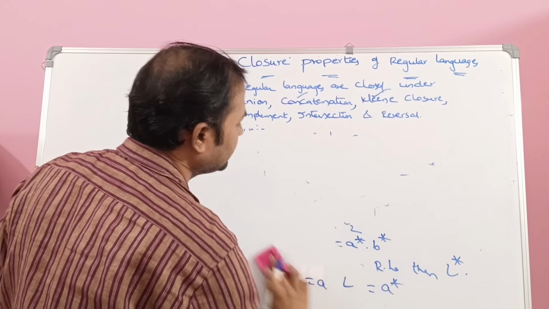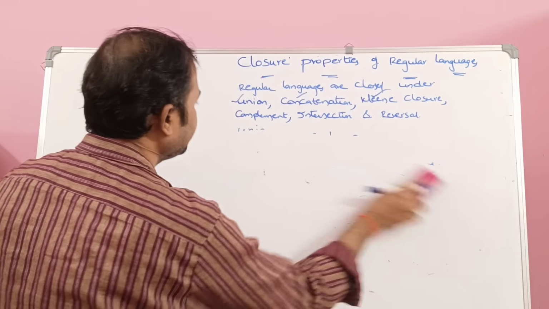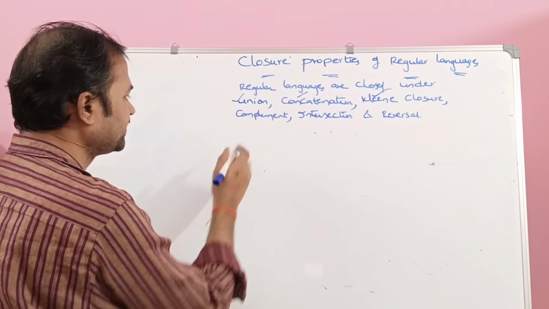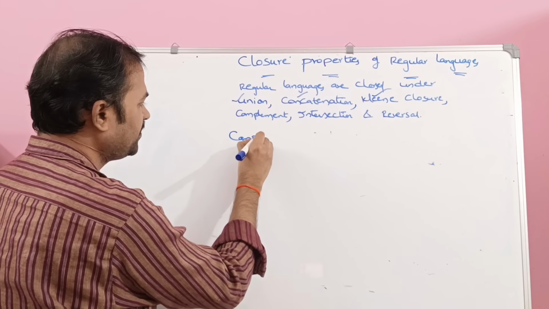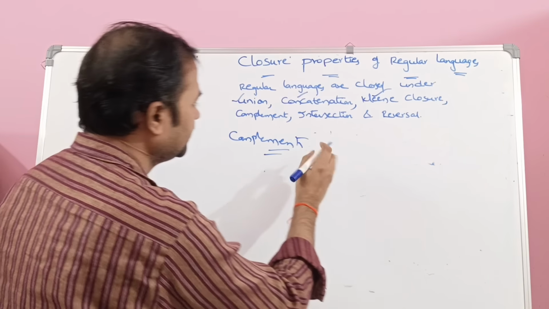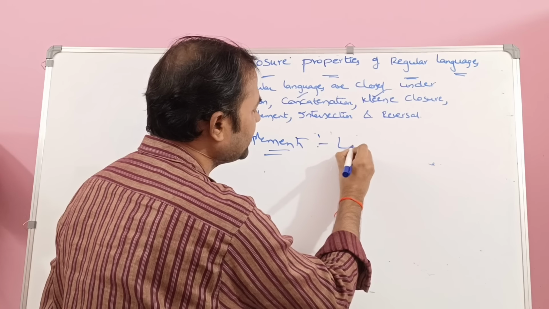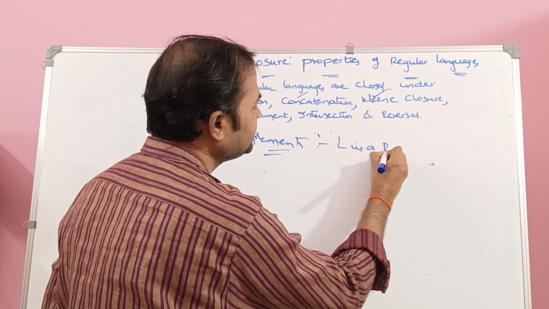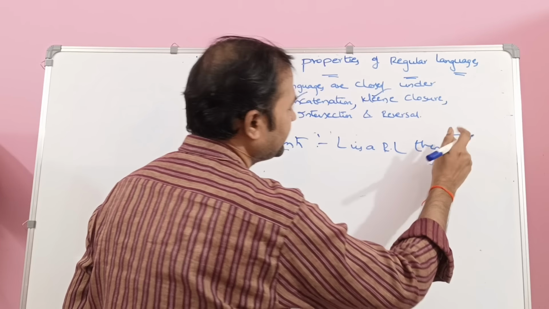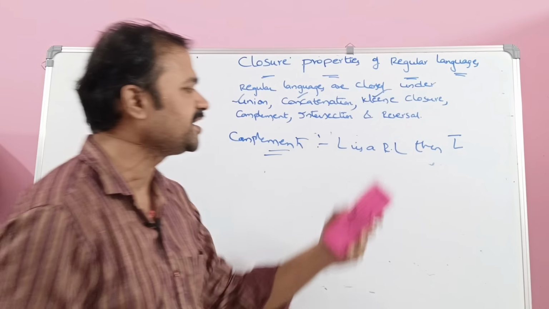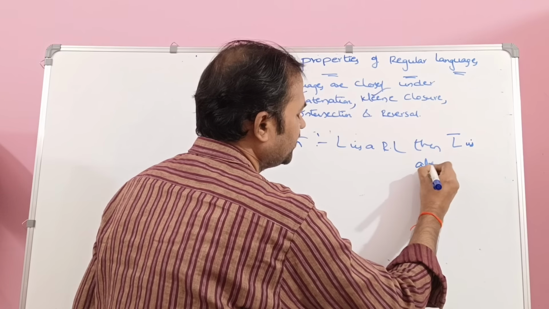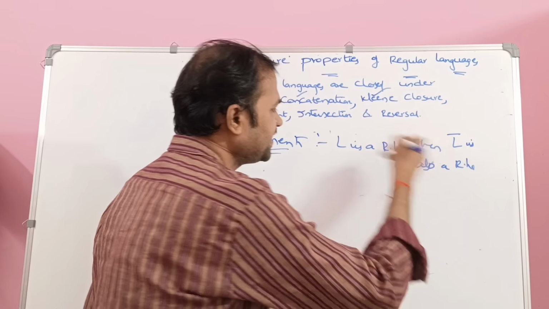Now let us see the next three properties. The next property is complement. If L is a regular language, then L complement, L bar, is also a regular language. Let us take an example.